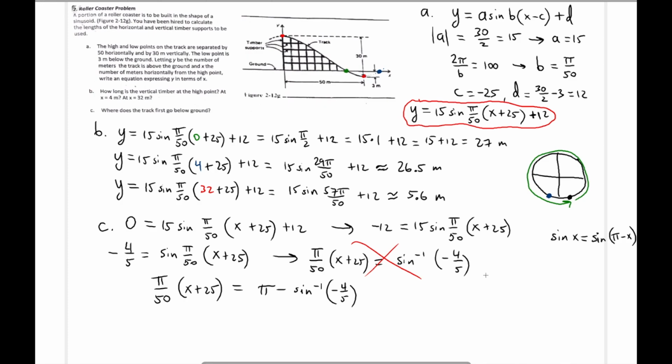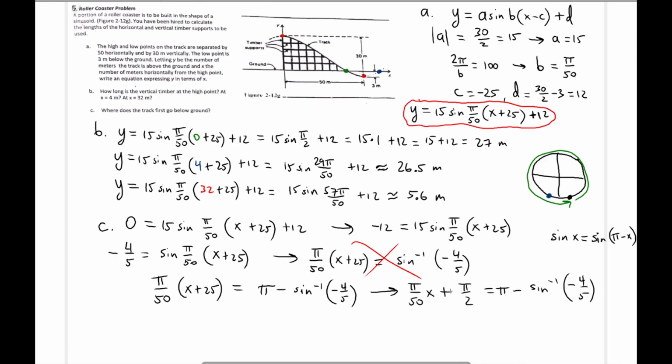Okay? So once you solve that, you of course distribute this. So it's going to be pi over 50 x. 25 over 50 is 1/2, so pi over 2 equals pi minus arcsine of negative 4/5. Okay.